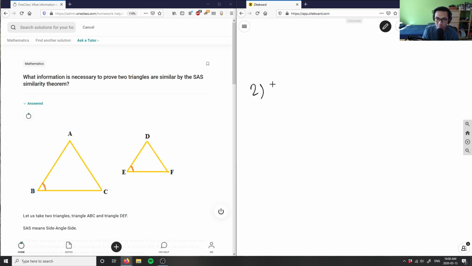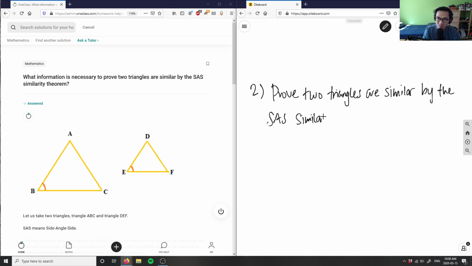So I want to prove two triangles are similar by the SAS Similarity Theorem. So what does SAS Similarity Theorem mean? Well, it means it's side angle side, right?